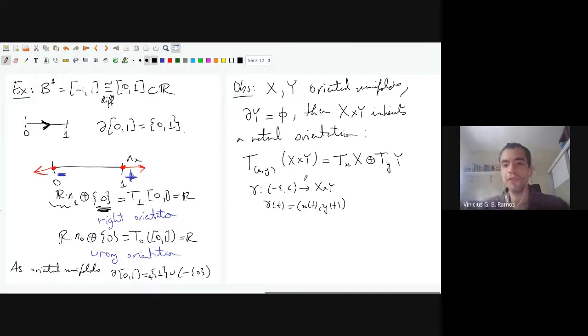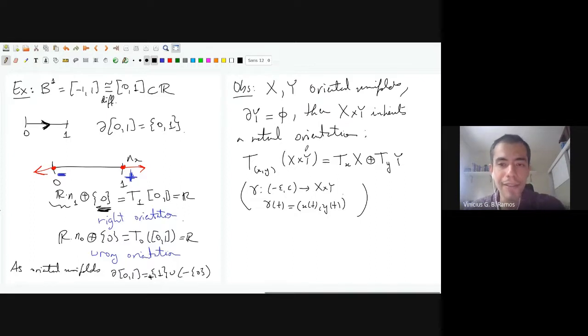So you can think of the two tangents, one living in the tangent space of X and the other one living in the tangent space of Y. So the tangent space of the product is really naturally identified with the direct sum, or the product, if you prefer to use that notation.